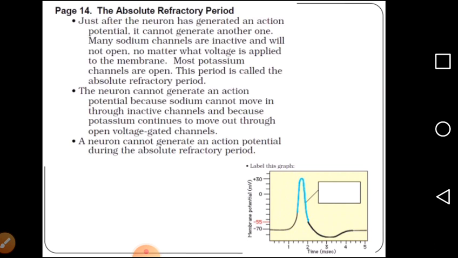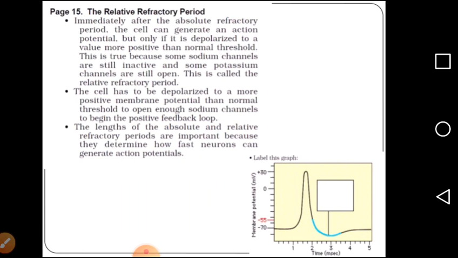Okay, so this is basically a graphical representation of the absolute refractory period. This is the relative refractory period, which is immediately after the absolute refractory period. The cells basically generate an action potential, but only if they are depolarized to a value more positive than the normal threshold.